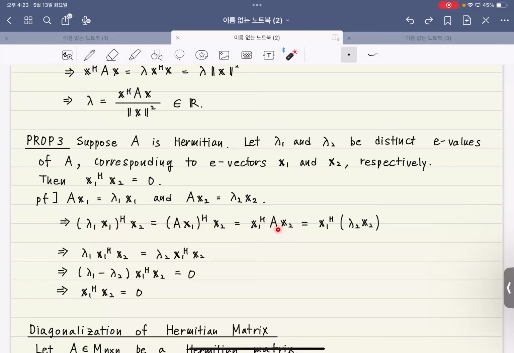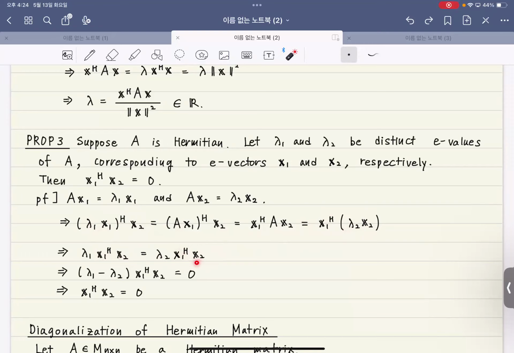Here I am supposed to have A Hermitian, but since we are assuming that A is Hermitian, A Hermitian is the same as A. And again here, I am replacing A times x2 by lambda 2 times x2. So looking at this end and that end of this equation, lambda 1 times the complex inner product of x1 and x2 is lambda 2 times the complex inner product of x1 and x2.